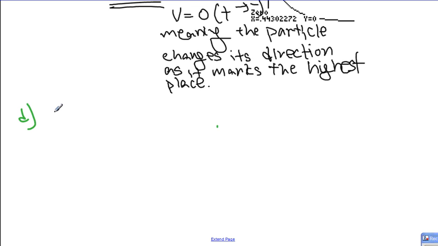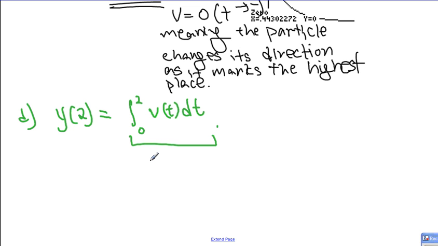Intuitively, this simply means the integral from 0 to 2 of v of t dt. This one gets the change in displacement.